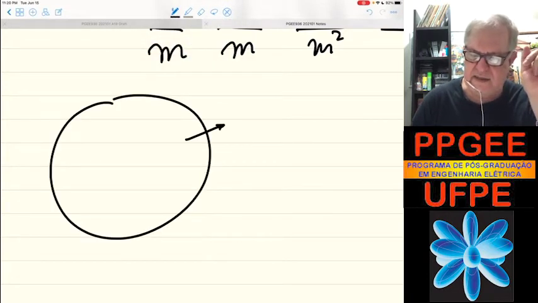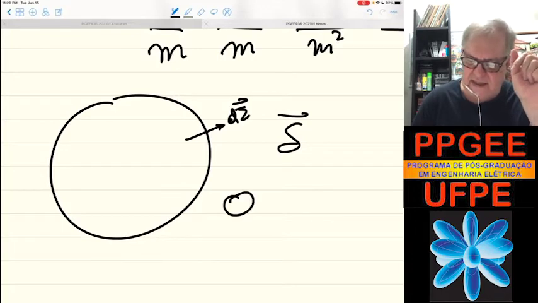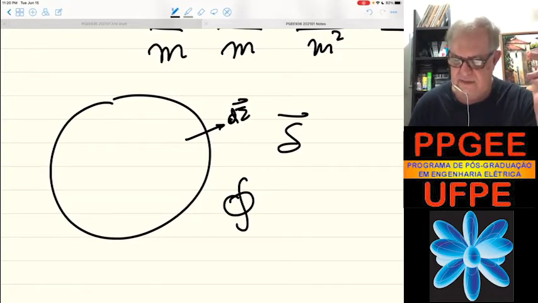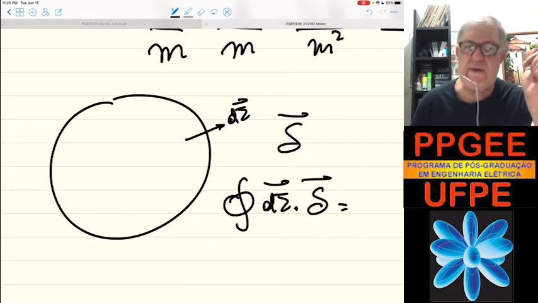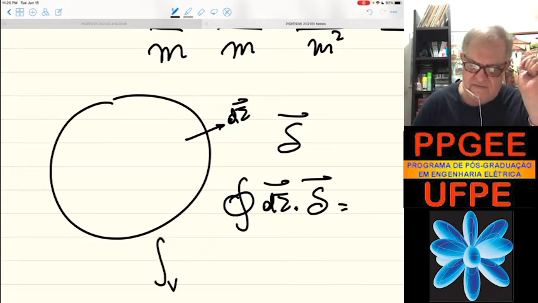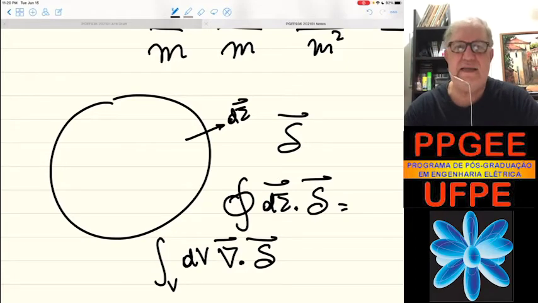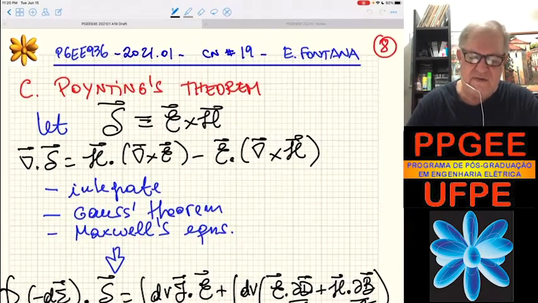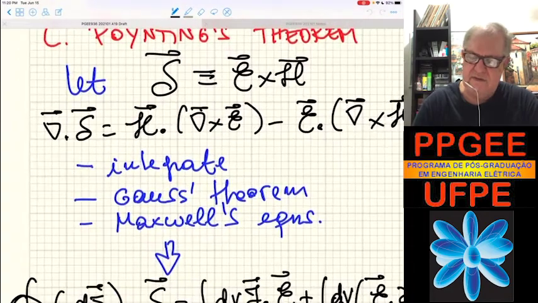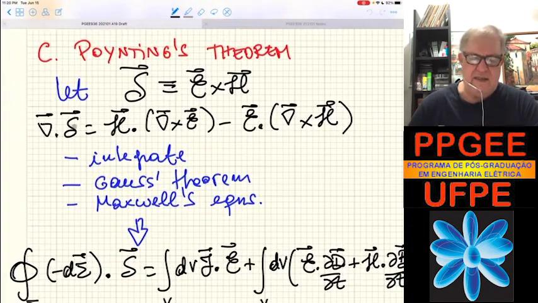If this is the sigma and we have S, we want to calculate what is the flux that goes outside or inside. And this by Gauss's theorem is equal to the volume integral of the divergence of S. Okay? So let's then calculate the divergence of this vector. It's the divergence of the cross product.